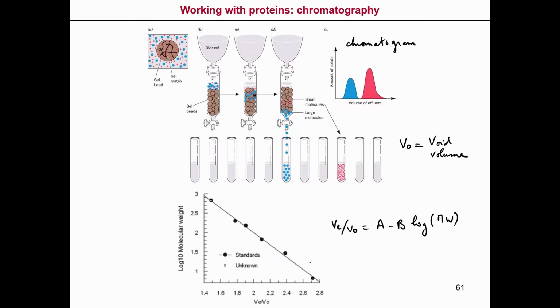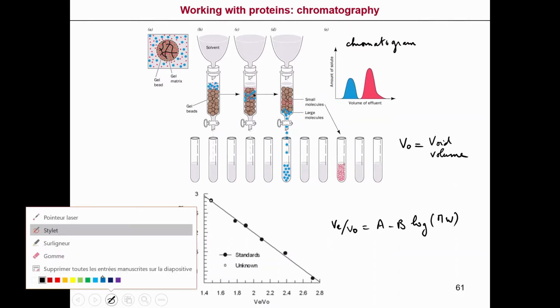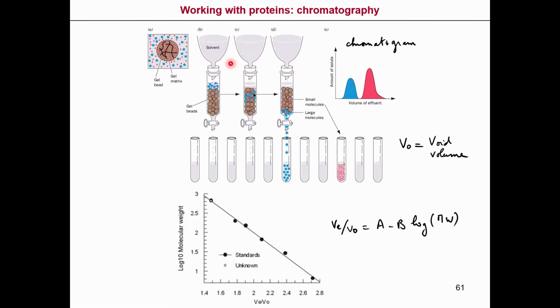How do we know when we have collected all the blue or the red ones? Indeed, it's not very difficult, but you have to choose the right solvent. You have to put only a few proteins, because what can happen is that you elute the blue and the red at the same time.